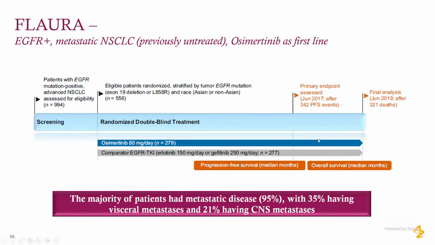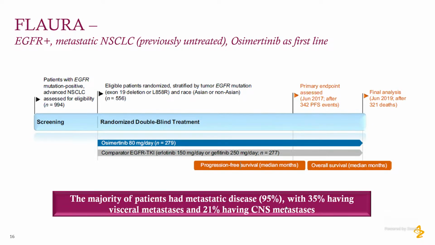They looked for progression-free survival and overall survival, and the majority of patients had metastatic disease. Almost 95% had metastatic disease, and 21% of patients had CNS metastasis at the time of presentation. The major drawback of this trial was that routine CNS imaging was not done.